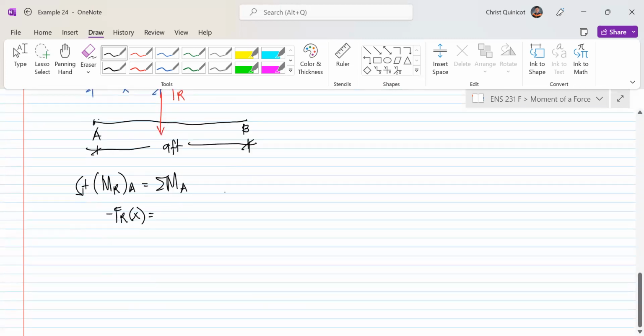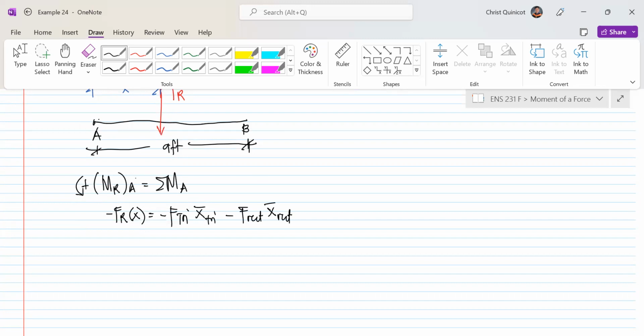So that's negative F try times X bar try minus F rectangular loading times X bar rectangular loading.